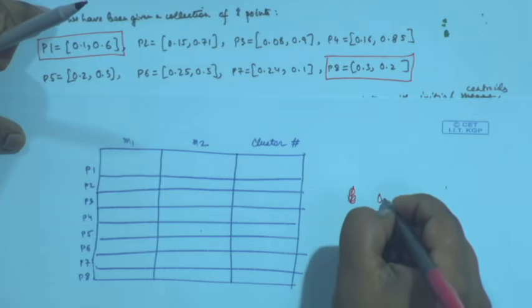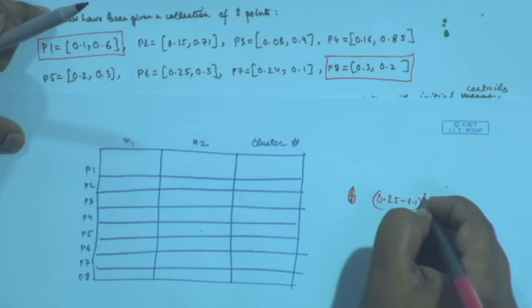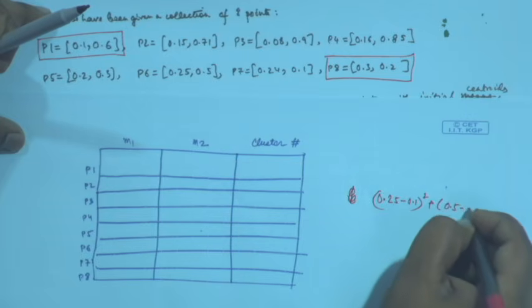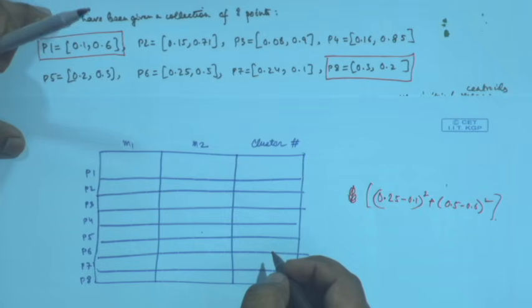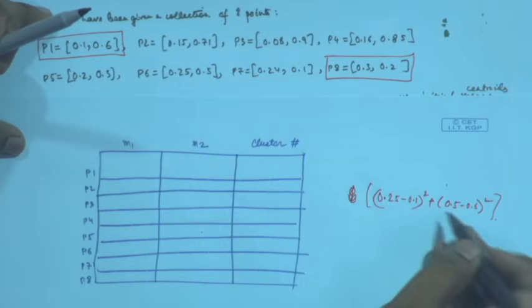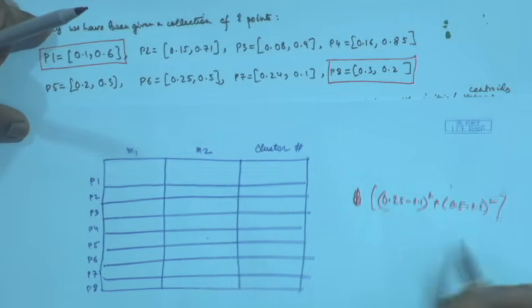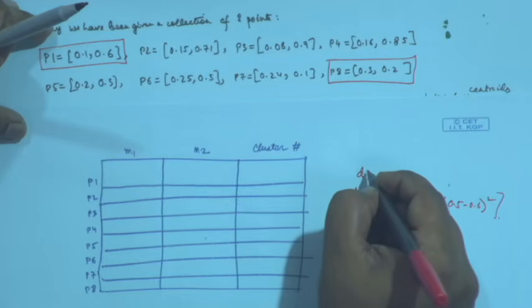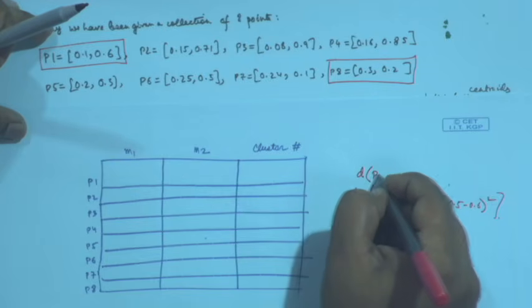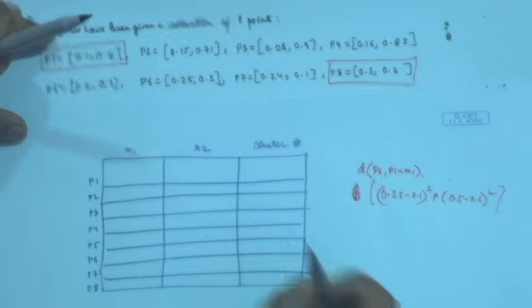So you can just take (0.25 minus 0.1) squared plus (0.5 minus 0.6) squared, this quantity, right, and then the square root of it is the exact Euclidean distance, but you can work without the square root. Okay, you don't need to take the square root if you want to just compare. So this is the distance between P6 and P1, which is equal to M1. All right. So what did I do?